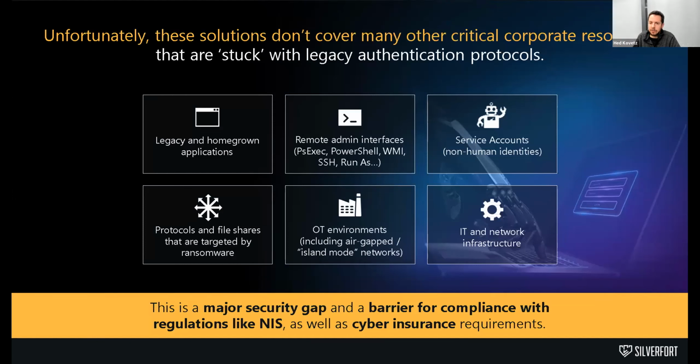So think about things like legacy systems or command line interfaces, non-human identities, things like service accounts that are doing machine-to-machine access, protocols that ransomware is using to spread in the network. And of course, OT environments that are air-gapped or in island mode, where you can't even talk to the internet in order to call multi-factor authentication or any regular security control that usually is applied to identity protection. This is a big security gap.